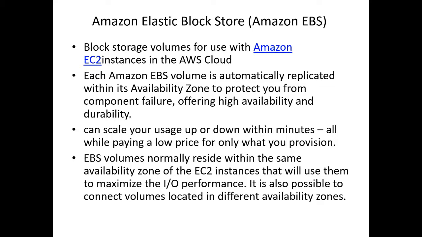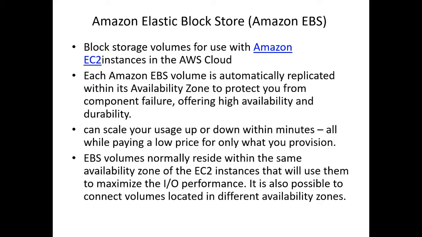Only the blocks on the device that have changed since your last snapshot will be saved. Amazon EBS, or Amazon Elastic Block Store, can scale your usage up or down within minutes, all while paying a low price for only what is provisioned to you.